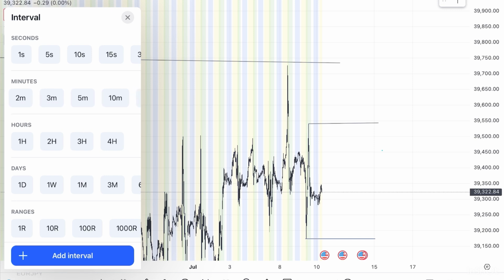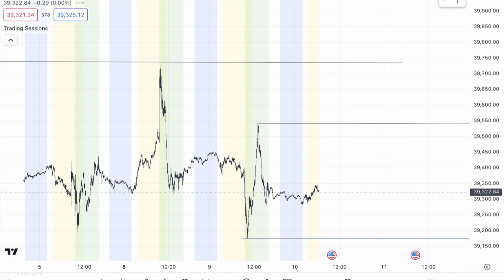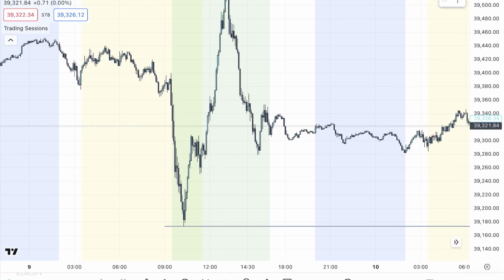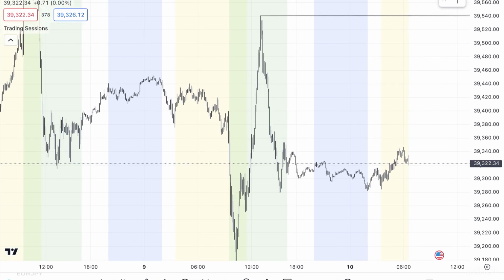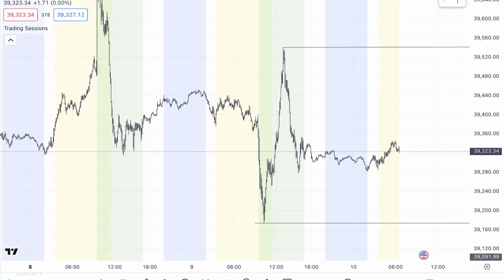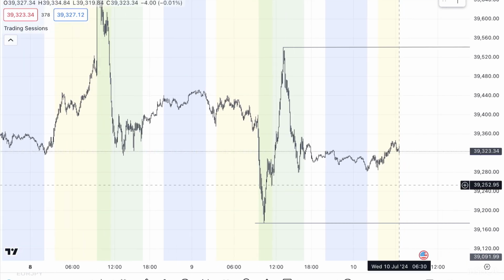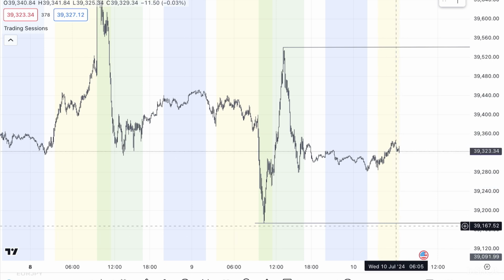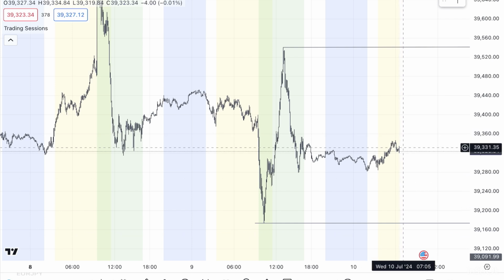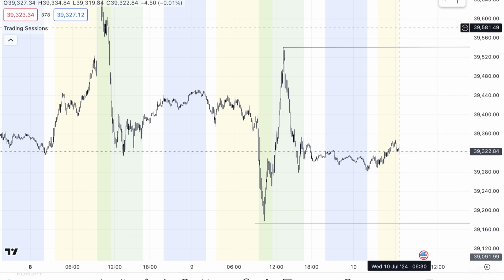We drop further to 5 minutes, trying to see what we can get. Still, for me, in the 5 minutes there is nothing interesting today. I can't tell exactly what is happening today until the market either drops to this level and takes out this, that's when I might start looking for a setup, or maybe it goes up, takes out that high like that.